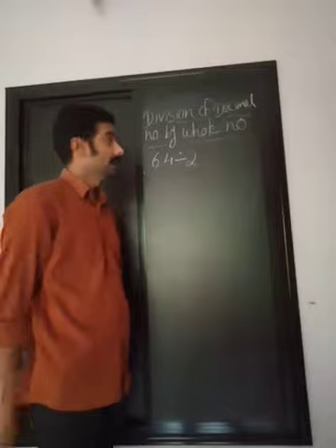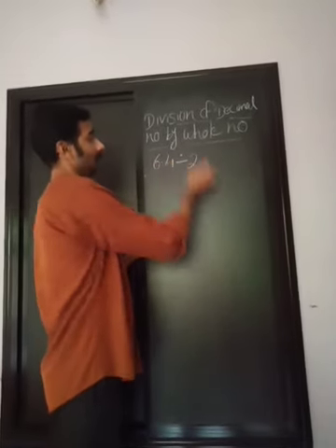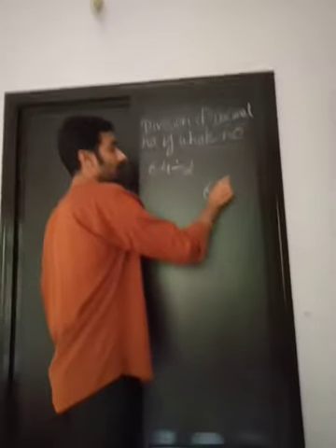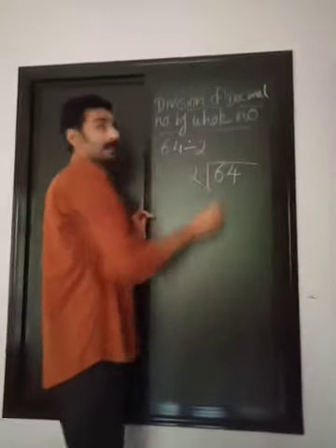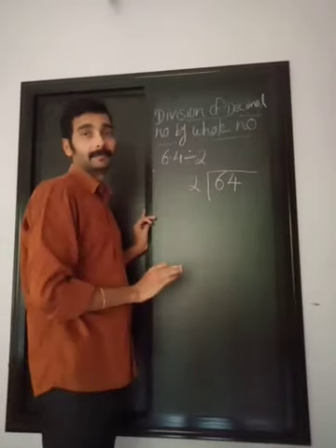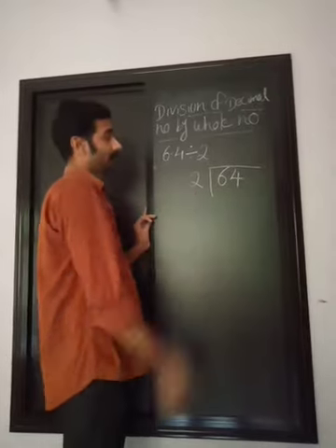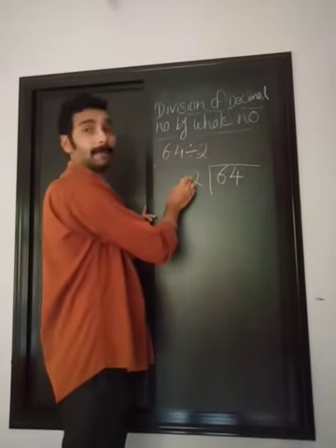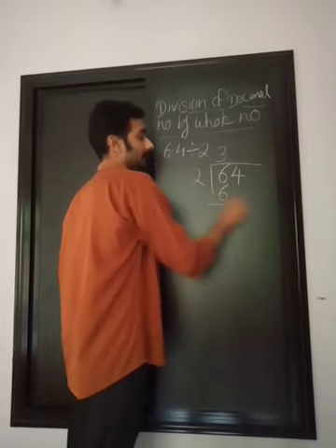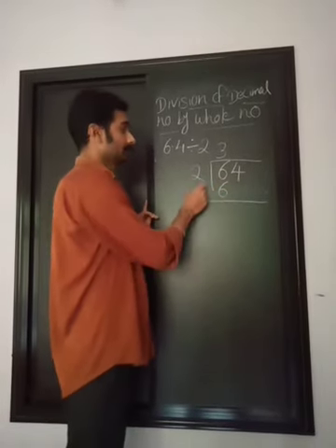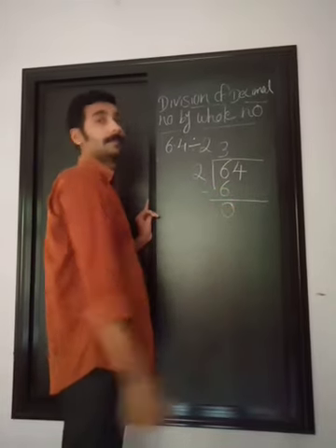Okay. Then we divide 64 by 2. We first avoid the decimal. 64 divided by 2. We know 6 divided by 2 is 3. That means 3 into 2 is 6. 6 minus 6 is 0.